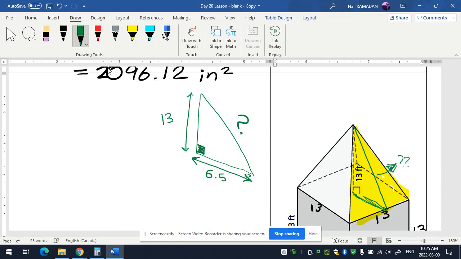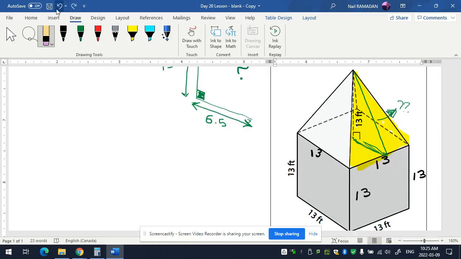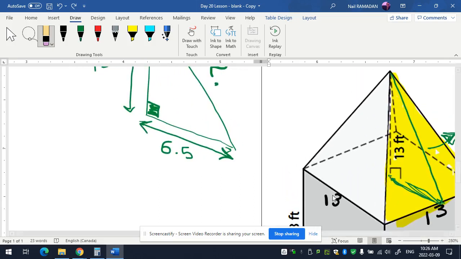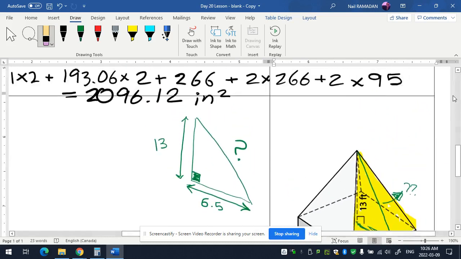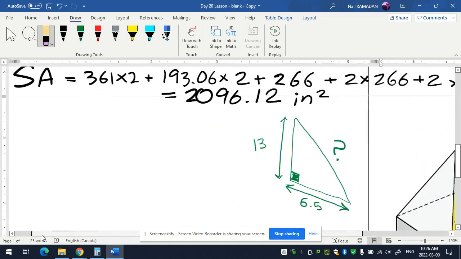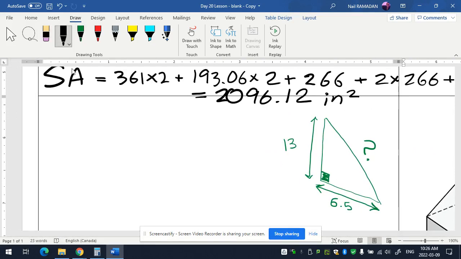Another Pythagorean theorem. Let me erase that. All right. Let's go with Pythagorean. C squared.